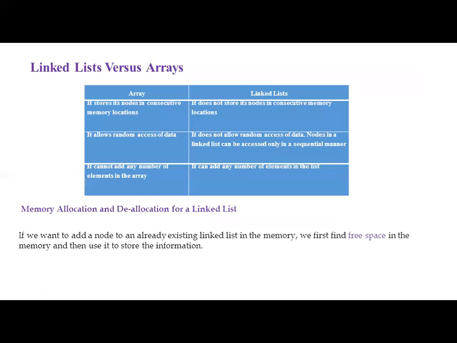It won't support random access. In array-based implementation, once the maximum size is reached, you cannot add more elements. But in linked list implementation, you can add any number of elements.